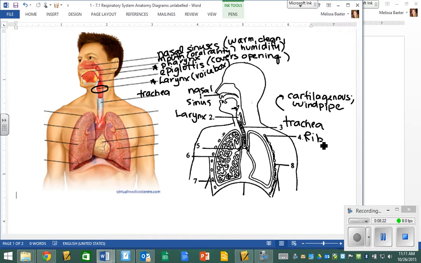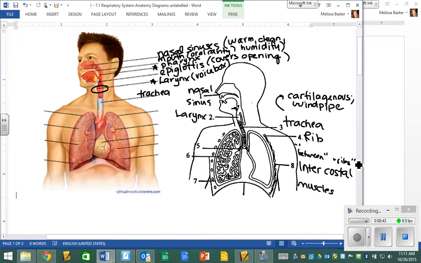And then 8 is pointing at the thing that's in between your ribs. These are your intercostal muscles. Inter means between. Costal means ribs.